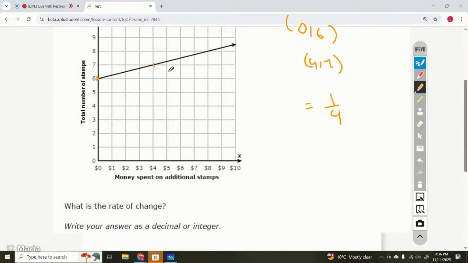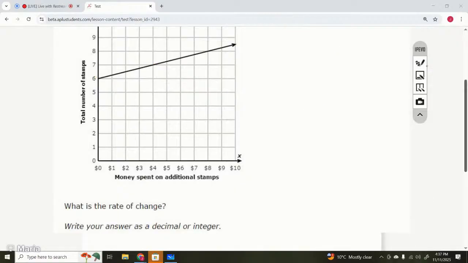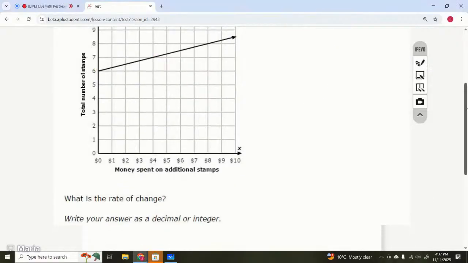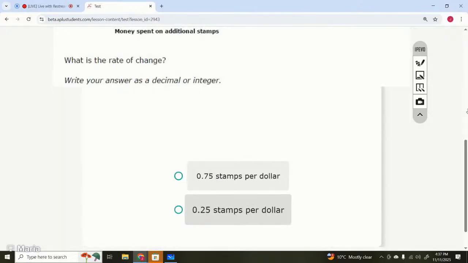That is 1 over 4. That is 1 over 4, so it is 0.25 stamps per dollar.